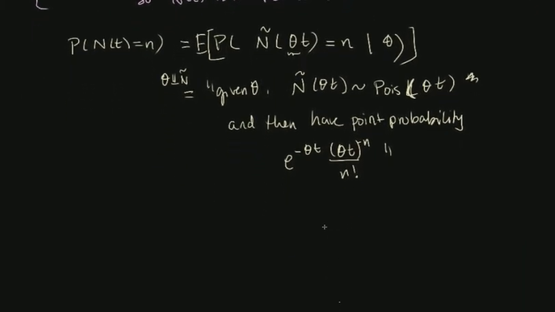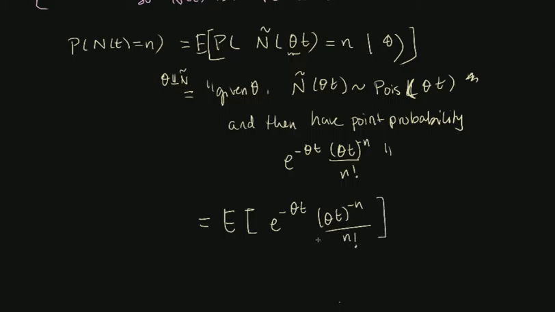So we can just plug that in there, and what we get is the mean value of e to the minus theta t times theta t to the n over n factorial.